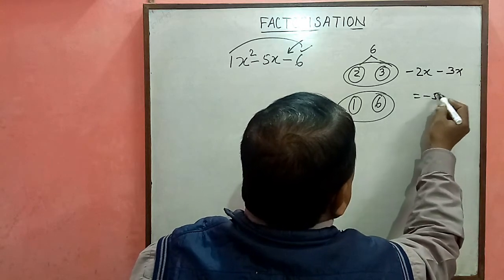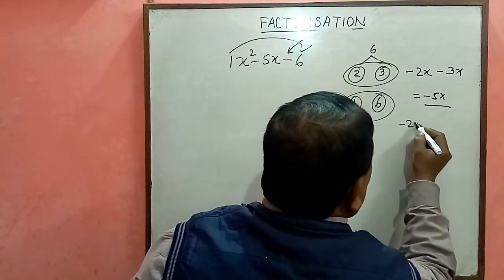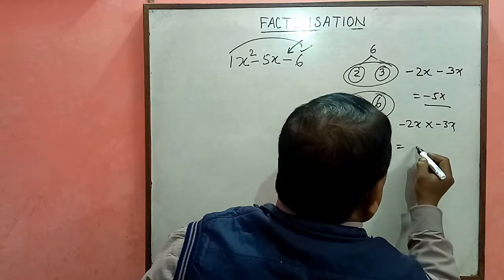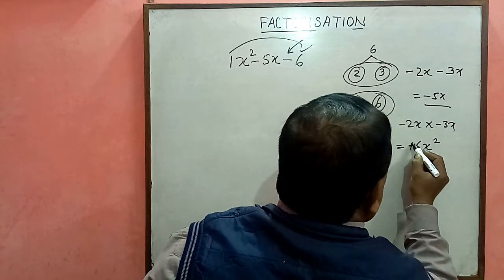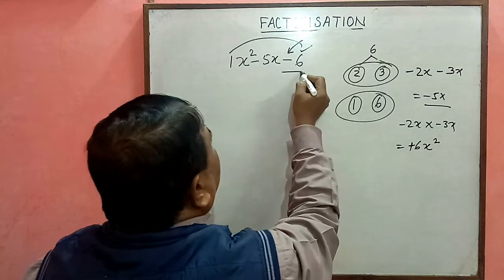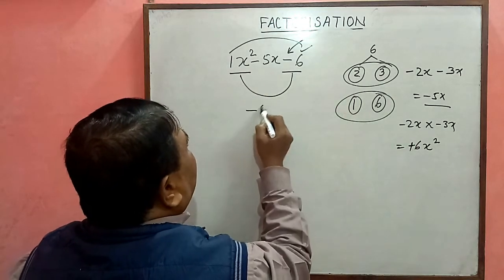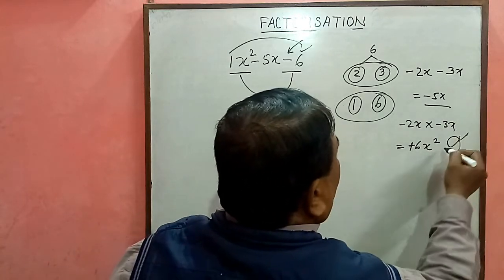This is obviously giving you minus 5x, the middle term is matching. But when we multiply and check whether the product will be the same or not, this is positive 6x square, but it should be negative 6x square. So this is impossible. We cannot choose this one.